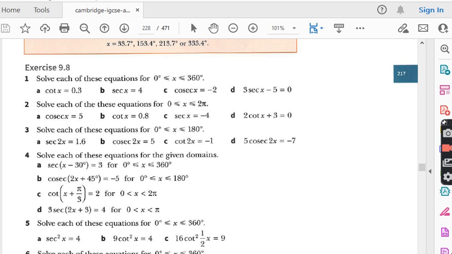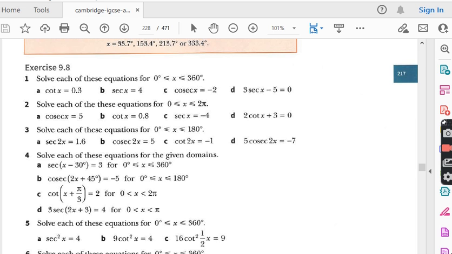We have already learned sine, cos and tan, and in this exercise we are solving equations which involve three other trigonometric functions: the reciprocal of sine x, cosec x; the reciprocal of cos x, sec x; and the reciprocal of tan x, cot x. Today we are going to do question number 4.